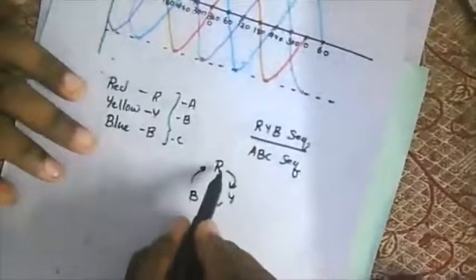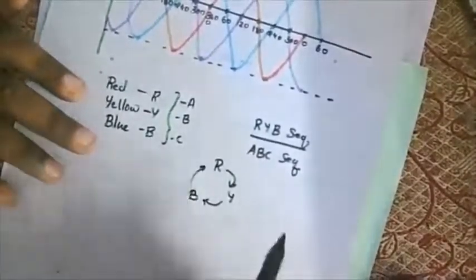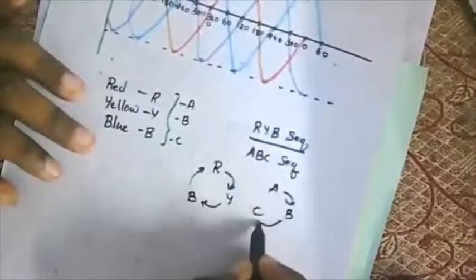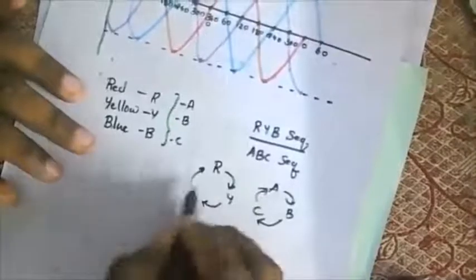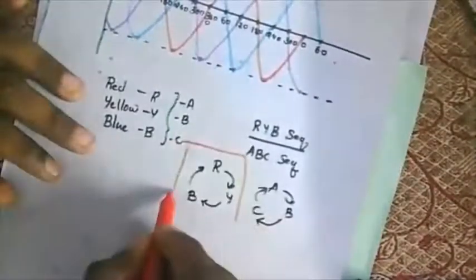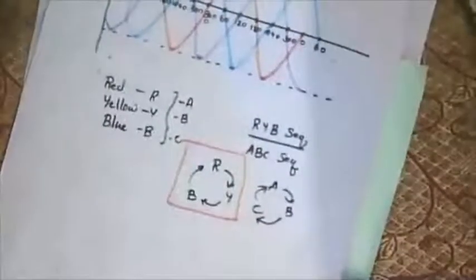So we will always assume the clockwise direction R, Y, B, or I will write A, B, C, again in a cyclic manner. In this session, I will be most commonly using this RYB sequencing for representing all the things.